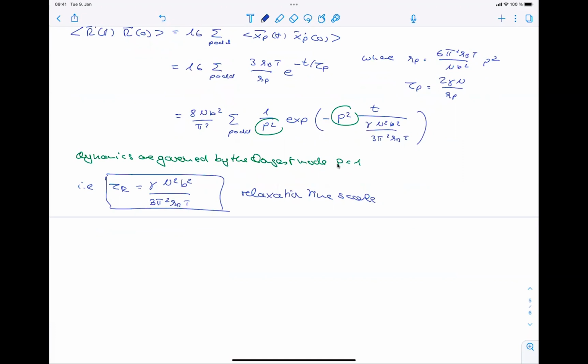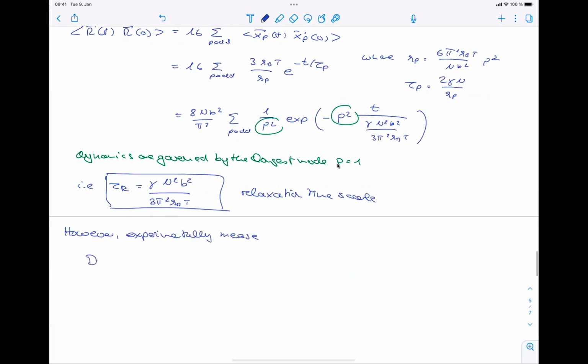However. Experimentally, we measure that the diffusion of the center of mass is actually 1 over square root n instead of 1 over n.